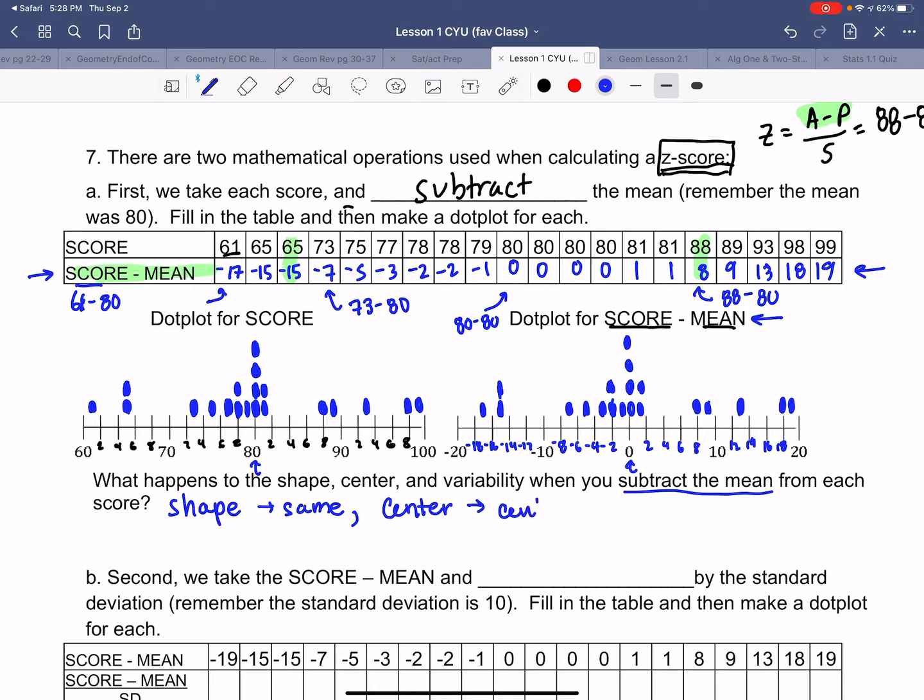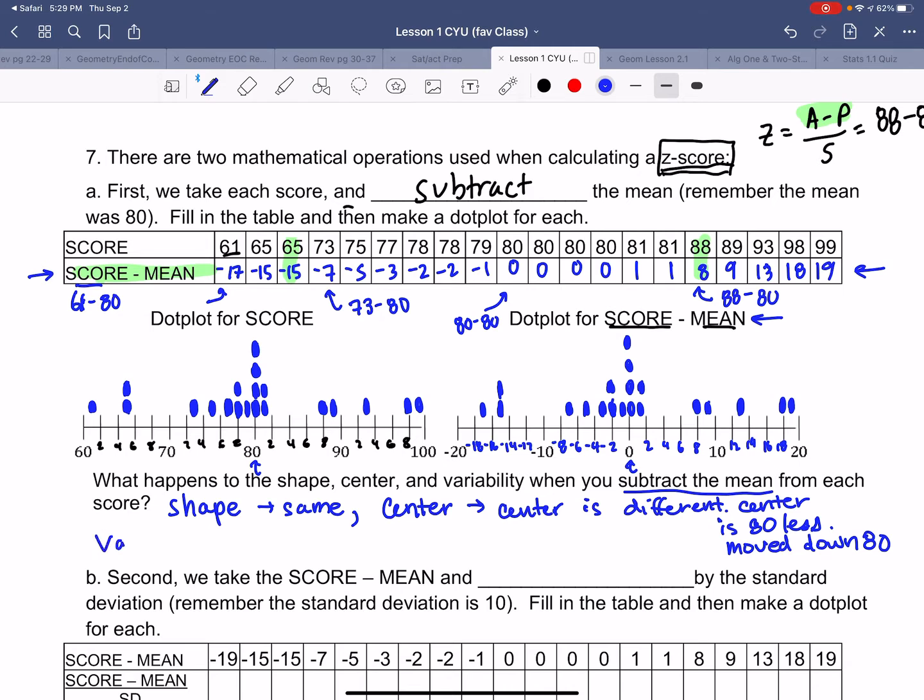So the center is different. The center was 80 and now it's 0. So the center is 80 less than it was before. So in a way, on a number line, we moved it down the number line 80 points.